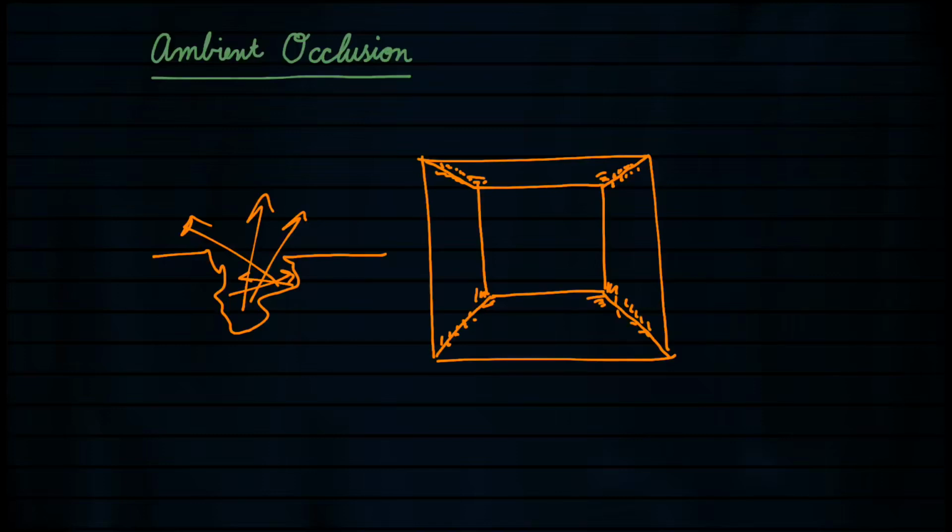Okay, and so you can normally determine a value, we'll call it A for the ambient, that just goes from 0 to 1 on how much shadow normally occurs in this one.